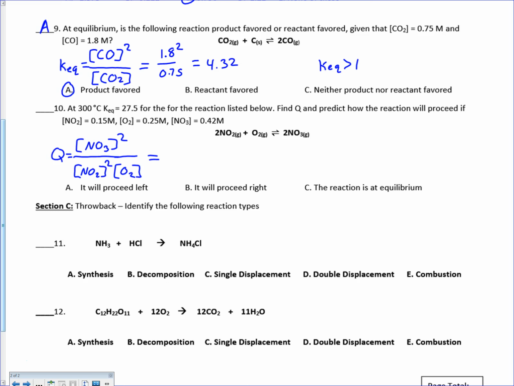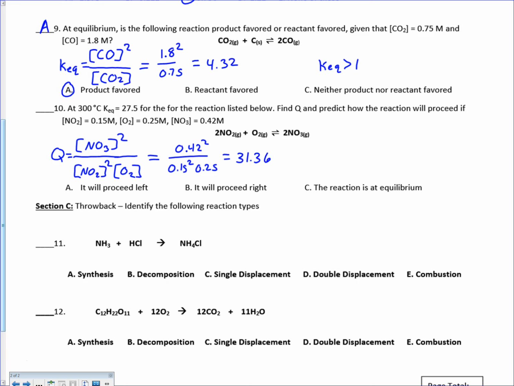All right, so plugging numbers in there, we get 0.42 squared over 0.15 squared times 0.25. Calculate that out, you get 31.36.